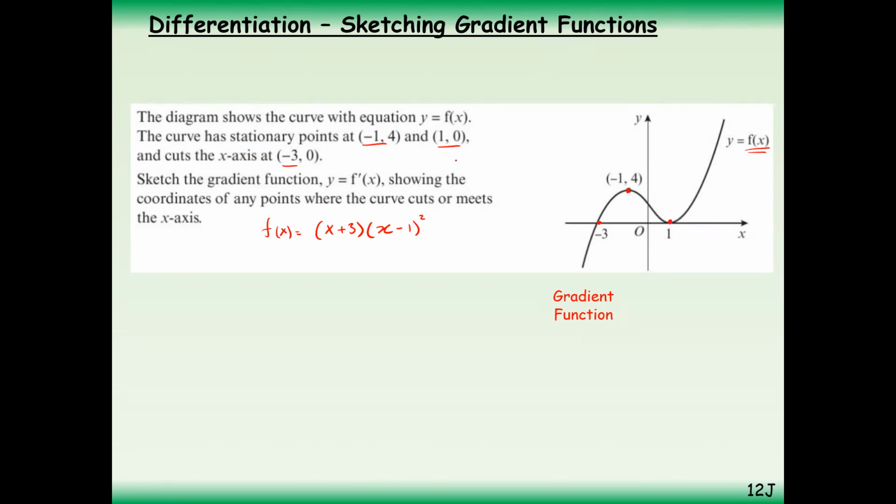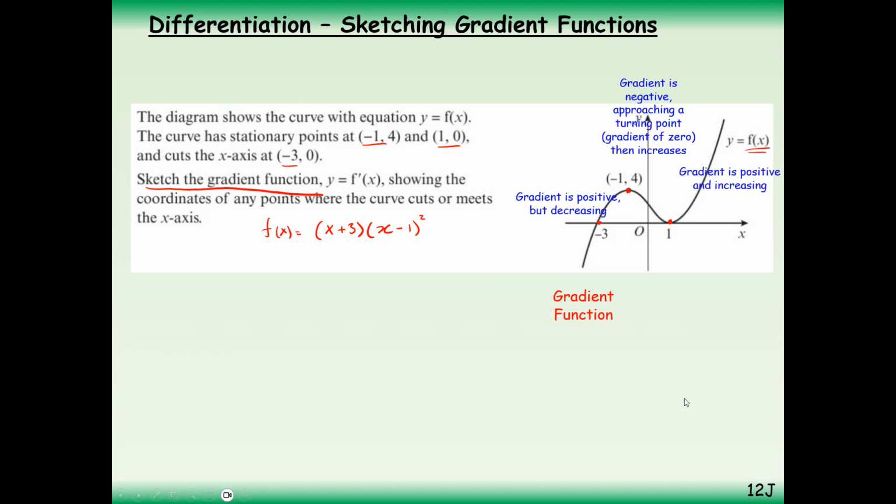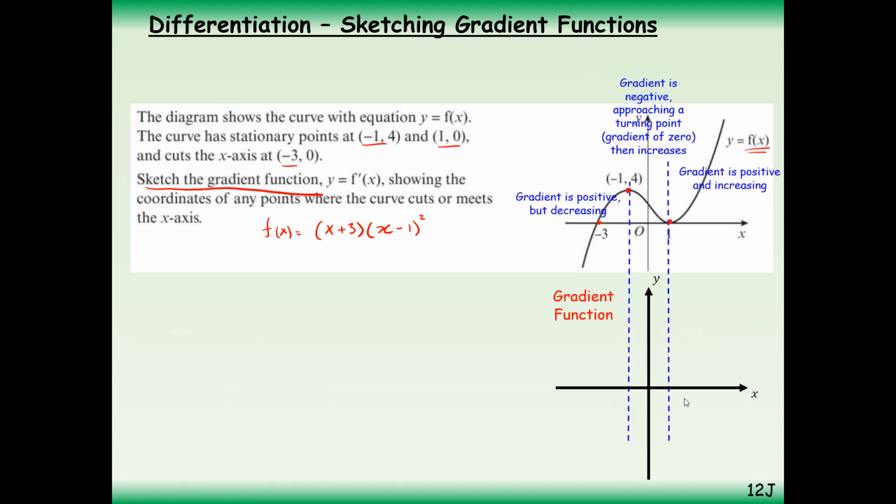So we just have to go straight to the point and sketch the gradient function under it. So just project those points where you have turning points down onto the x and y axis where the y axes line up neatly with each other, and we know that this is a positive one and this is a minus one.